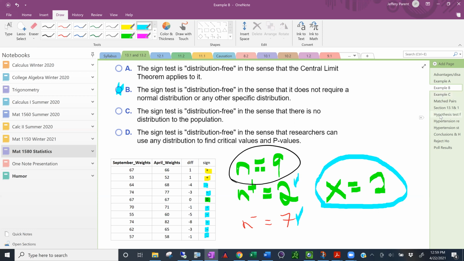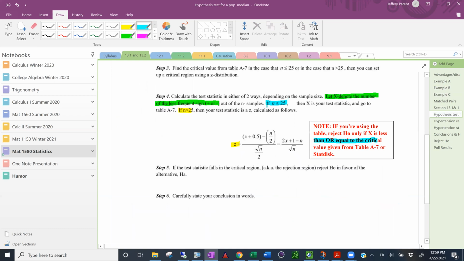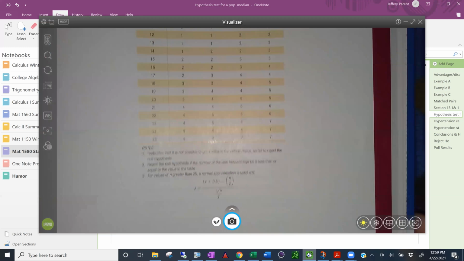Now let me look back at our hypothesis test. So if n is less than 25, then x is your test statistic. That is, x is the number of the less frequent sign, either plus or minus. If x is your test statistic, then you're going to go to table A7. Well, that's really inconvenient. All of a sudden, you got to go to this table. And here's that table.